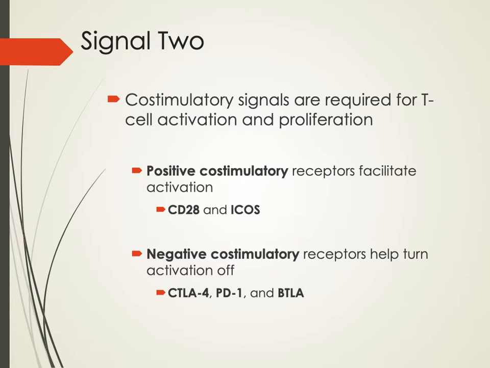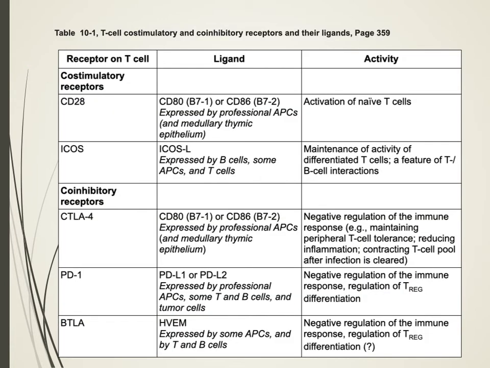So the positive ones are CD28 and ICOS, and then the negative co-stimulatory ones are CTLA4, PD1, BTLA. And this table from the textbook looks at these both stimulatory and inhibitory receptors and what their activity is.